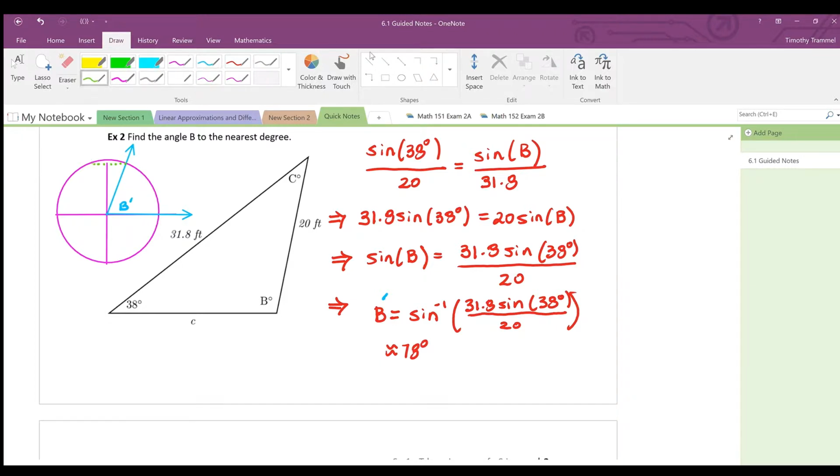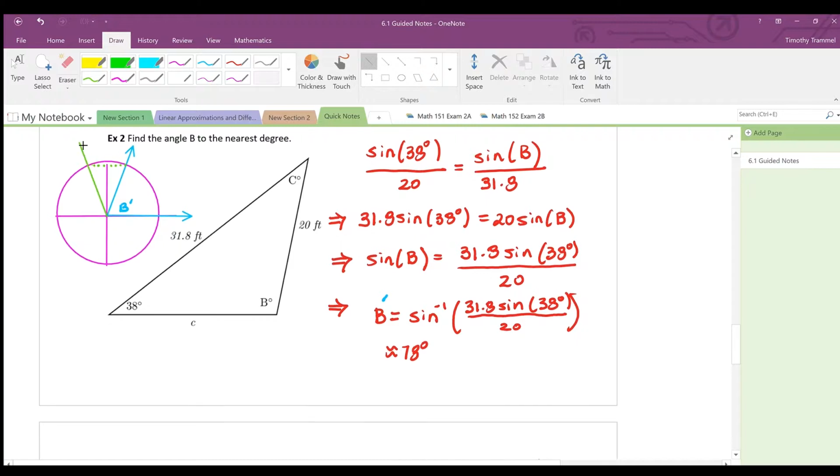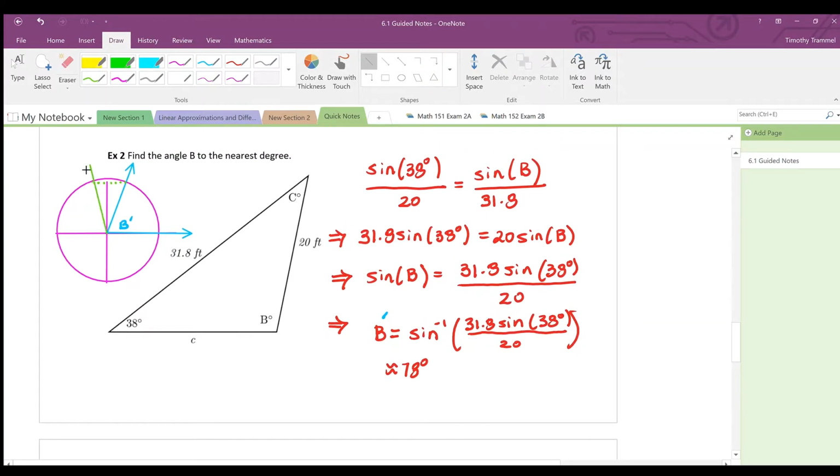And let's sketch in this new angle. There we go. So this is the angle we're looking for, but the thing that is going to be useful to us is that this B prime here is also this angle.